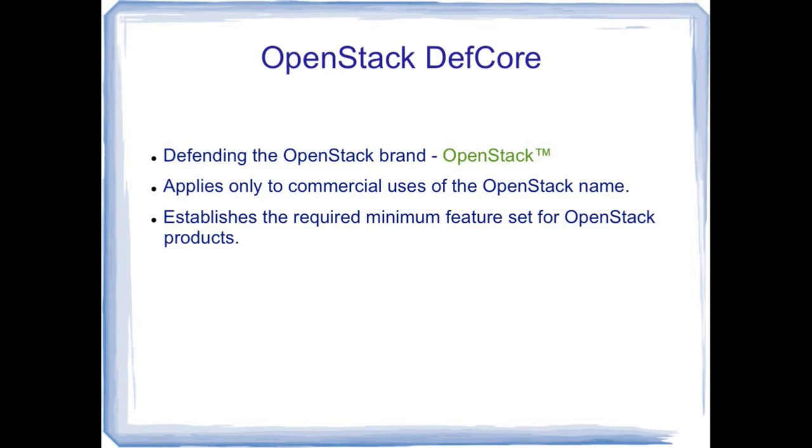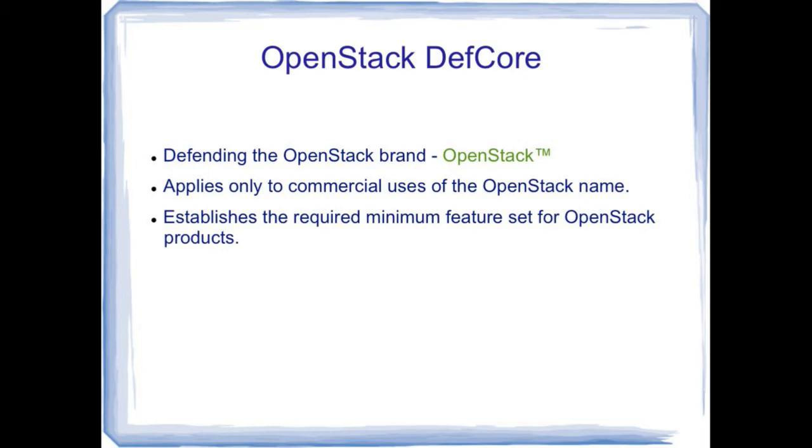This is exactly why OpenStack has this thing called DefCore. If you went to this morning's keynote, they announced something like this, and this is exactly what DefCore is trying to do: they try to defend the OpenStack brand. If a commercial product wants to have the trademark of OpenStack, it has to pass through a series of steps. And the committee is trying to define the minimum feature set of OpenStack.